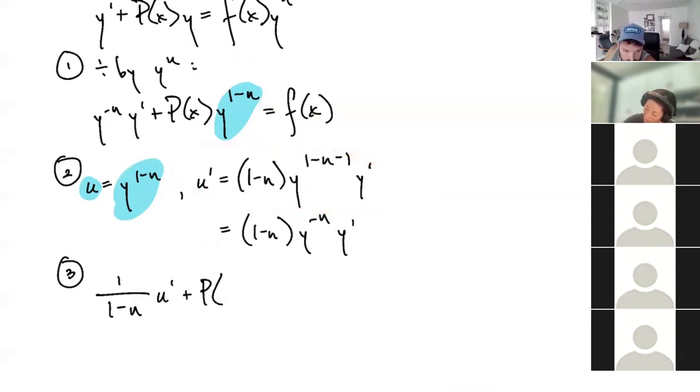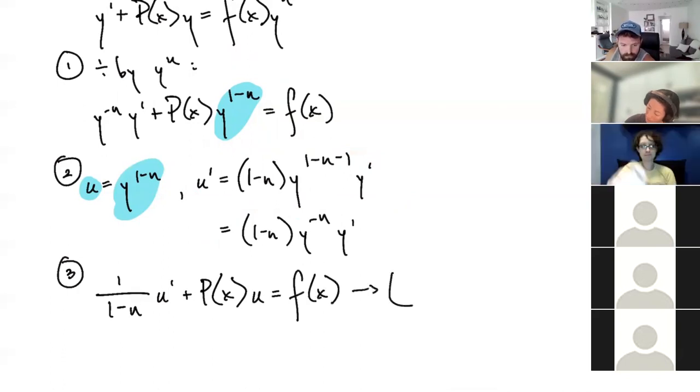Plus, the p of x does not change because my substitution is only with u's and y's. But that blue part becomes a u equals f of x. And now I have my linear differential equation.